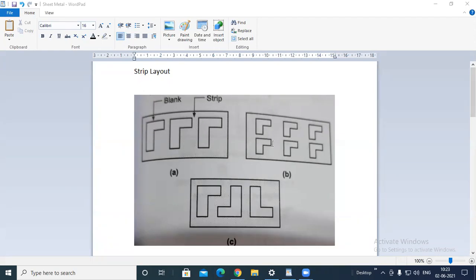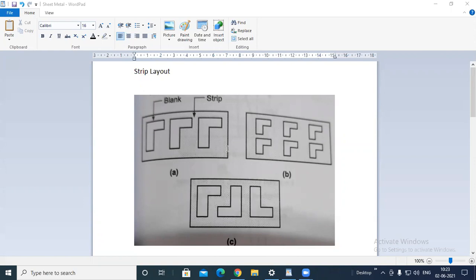And here you can see the third case. Here you are supposed to either use two dies simultaneously, or you can use only one die but insert the strip two times. For this, that is single row and double pass, to achieve such a blank design on the strip.